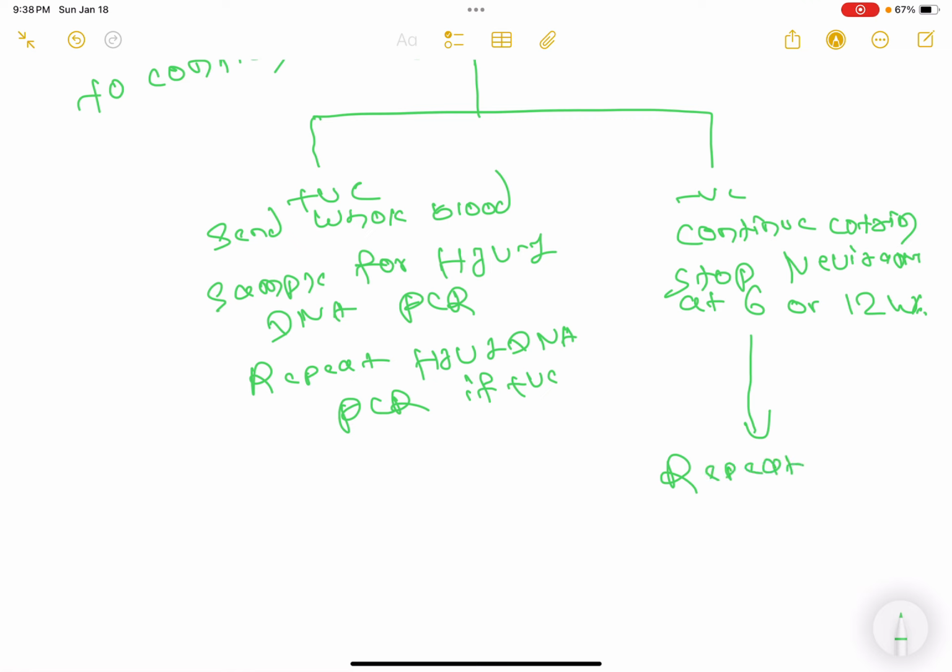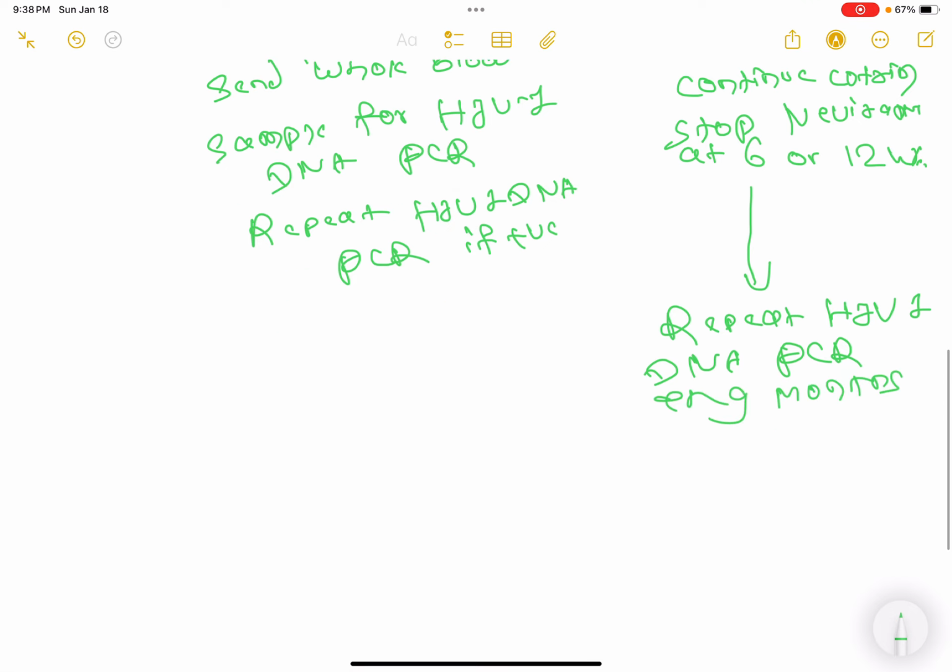Repeat HIV 1 DNA PCR at 9 months of age, or earlier if the child is symptomatic.